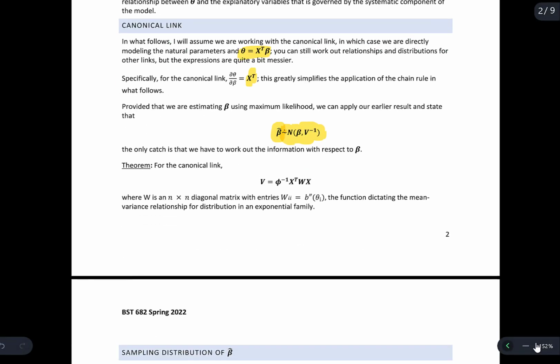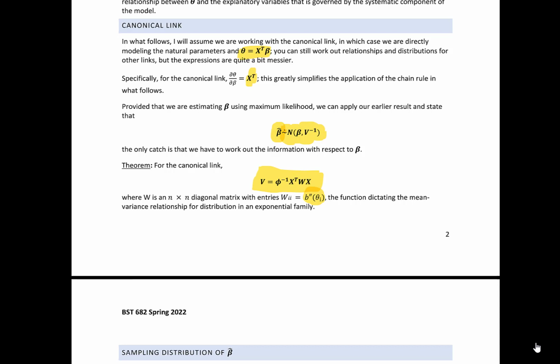If we're working with a canonical link, we get this really nice formula. We have phi in there, and then we have x transpose W x. Now W is an n by n diagonal matrix with entries determined by the second derivative of theta_i. Remember, when we worked with the Poisson distribution in the last note set, we saw what that was equal to.